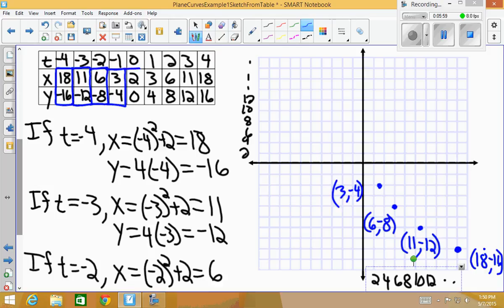If t is 0, then x is 2 and y is 0. Just plotting these points according to their x and y coordinates. If t is 1, x and y are 3, 4. If t is 2, x and y are 6, 8.